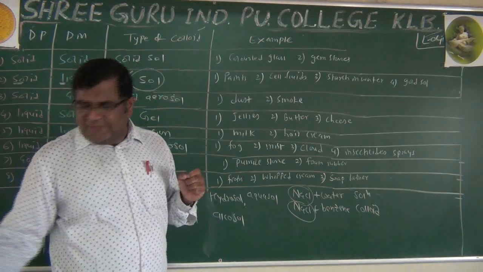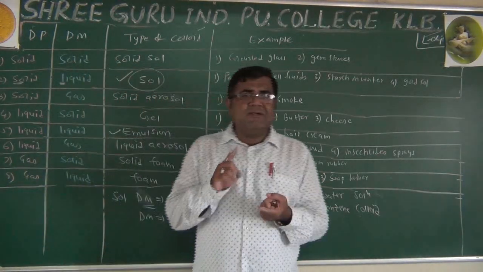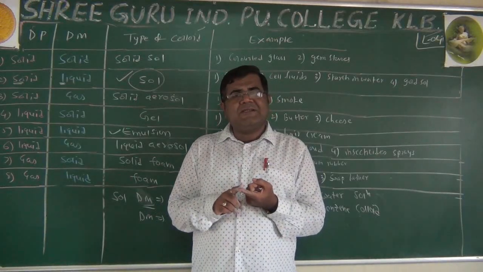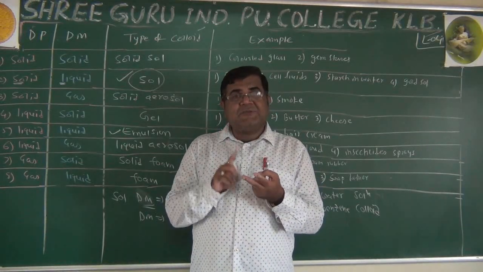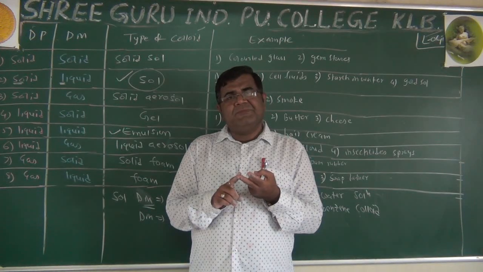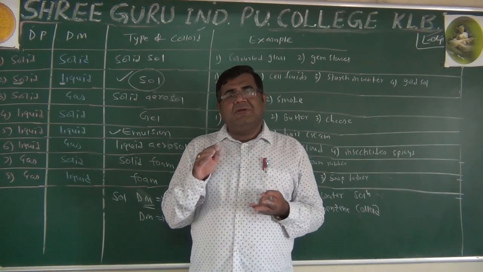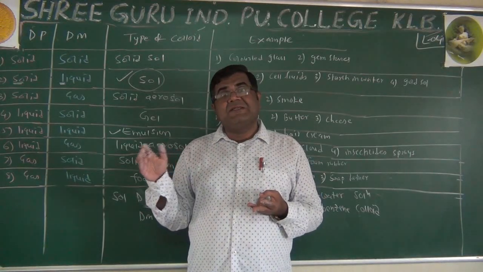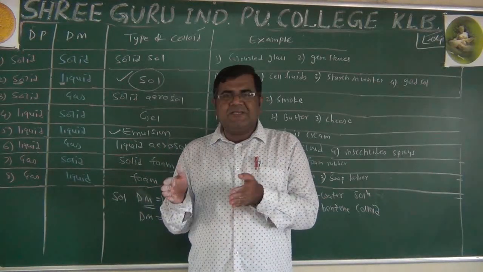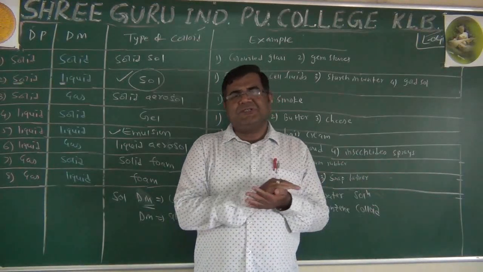So this is the first classification. The important thing is some basic properties of colloids. New terms like disperse phase and dispersion medium. And how the surface area per unit mass increases when the substance enters the colloidal state.